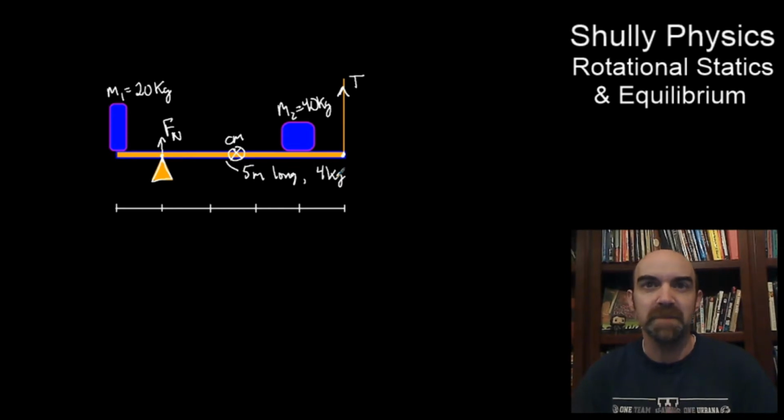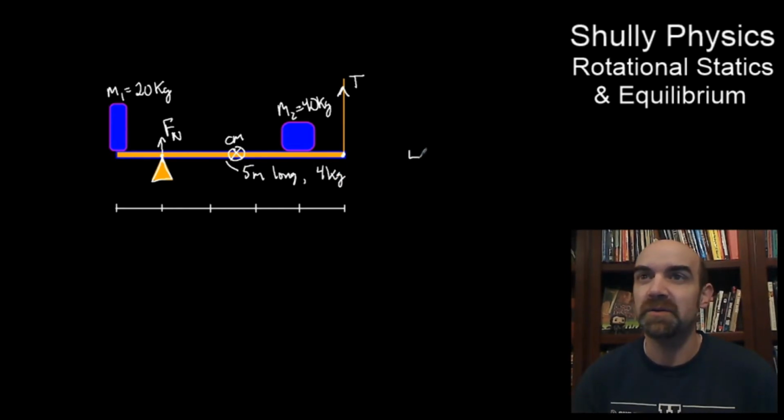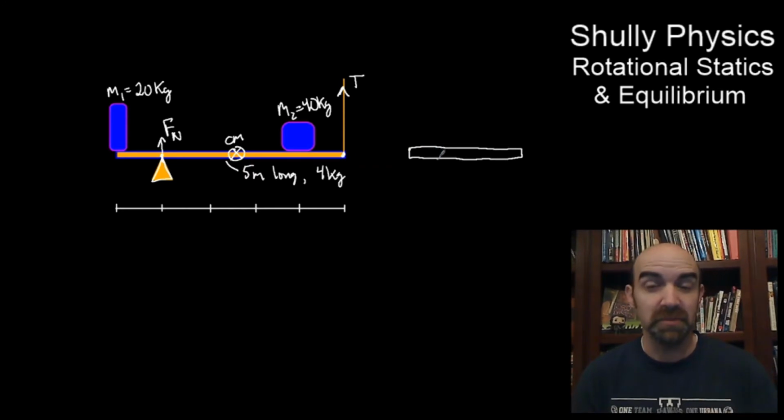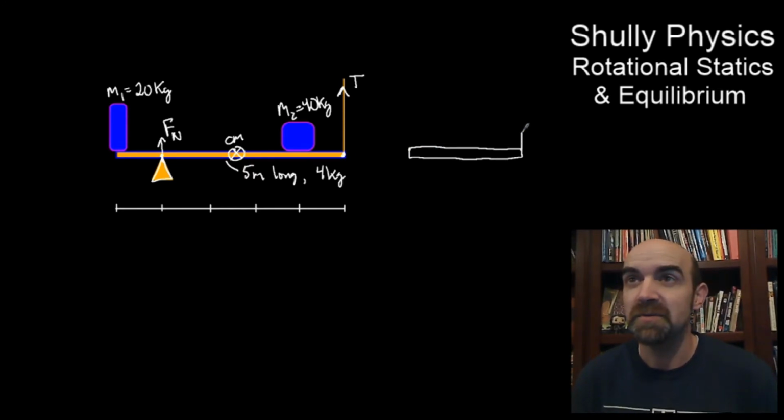I'm going to draw a new force diagram, and this force diagram is going to include an approximate shape of the board. We're going to place forces along the board where they're being applied to it. So there's a tension over here that's unknown. There's a normal force right here that's unknown.